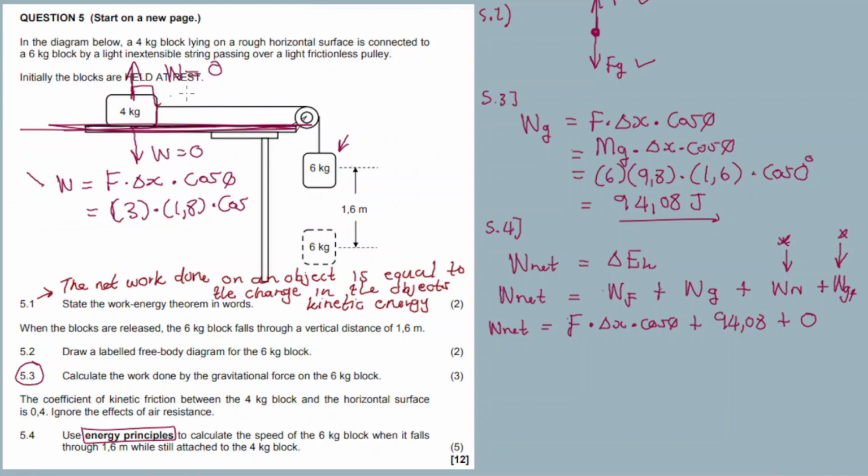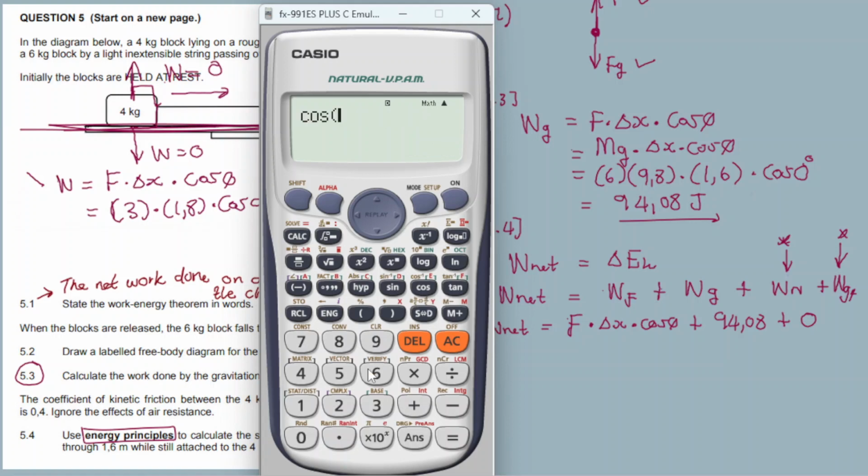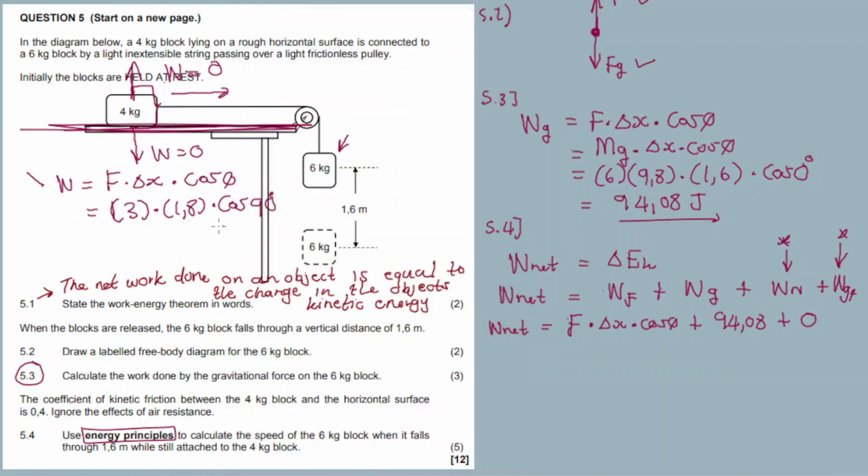It's 90 degrees. The direction is this way, but the force is acting upward or downward, so it means it's 90 degrees. And we know that cos 90 degrees is equal to 0. So all of this becomes 0. There's no need to consider it, but I was just showing that in fact these two are equal to 0.